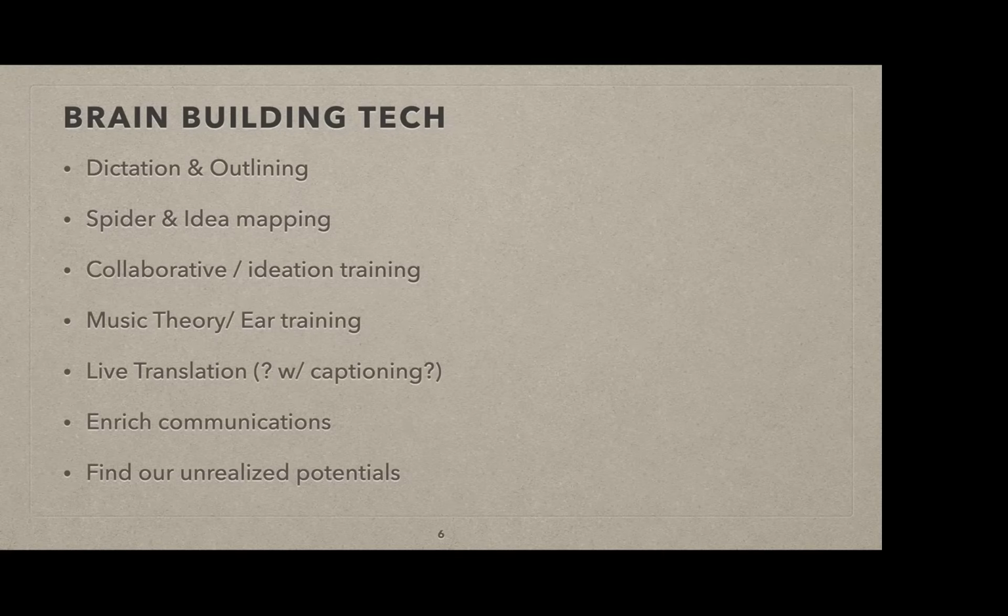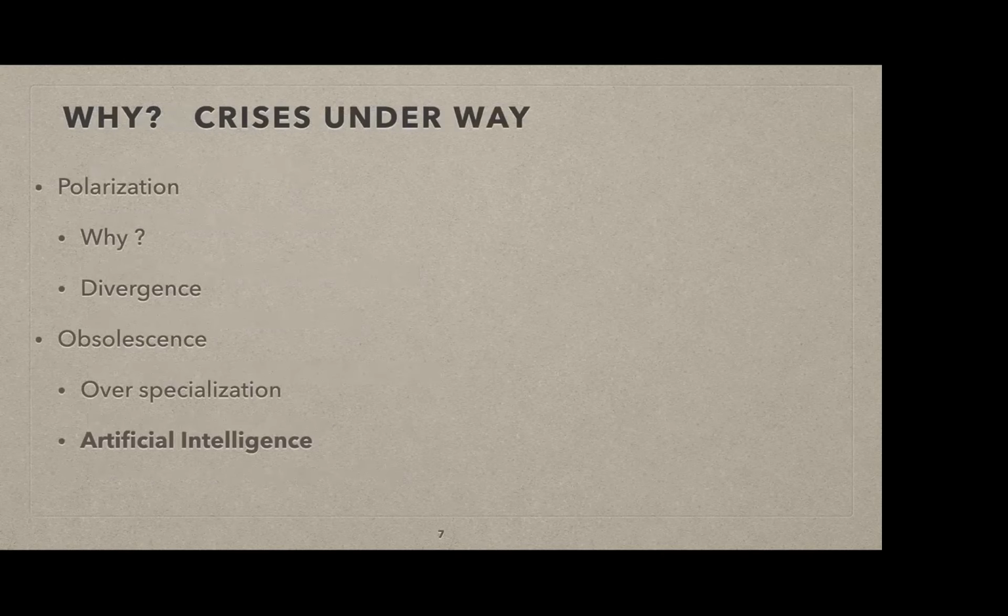Why do we need to do these things? That was the third and final part where I'm going to go back and forth a bit in this presentation. Well, for the first time, I think we have multiple crises happening to us as a species at the same time. I do not understand why polarization seems to be getting so much worse than it has been in prehistory. But I think, just as an empirical matter, that we are splintering into small interest groups.